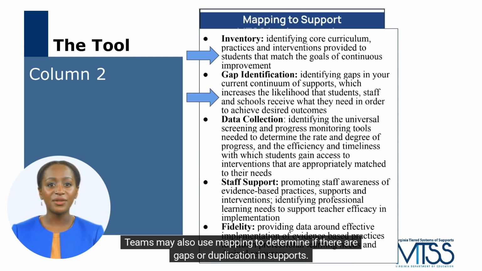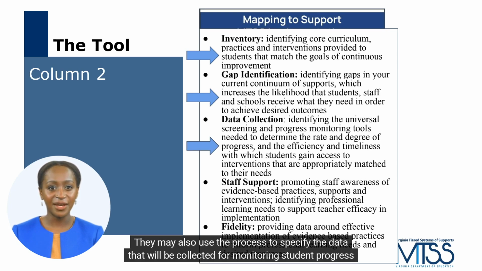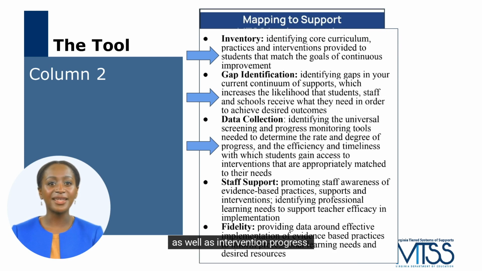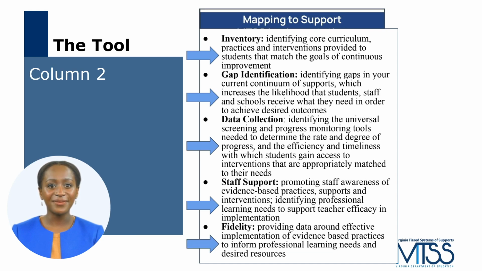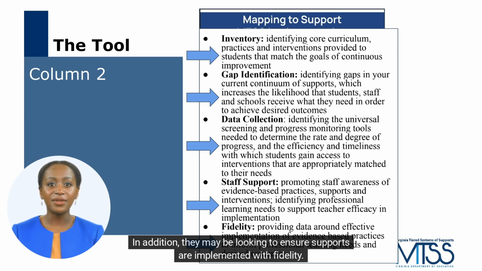Teams may also use mapping to determine if there are gaps or duplication in supports. They may also use the process to specify the data that will be collected for monitoring student progress, as well as intervention progress. They may also leverage it to identify staff needs. In addition, they may be looking to ensure supports are implemented with fidelity.